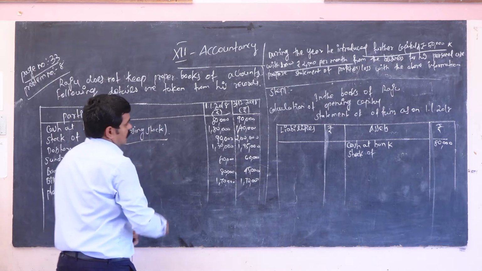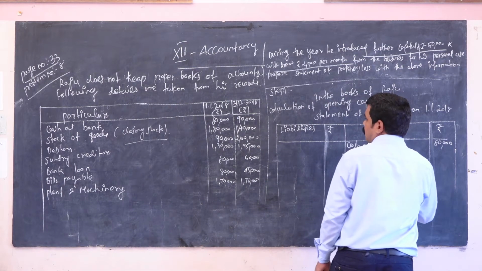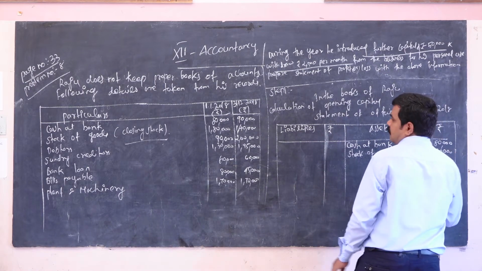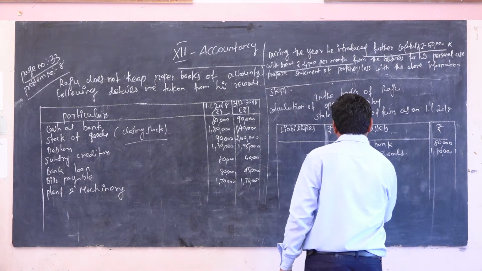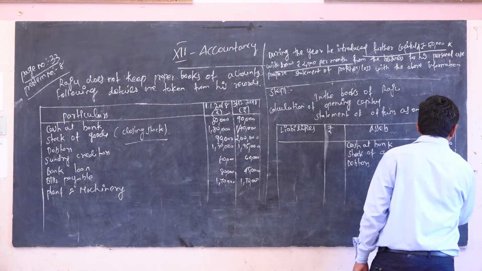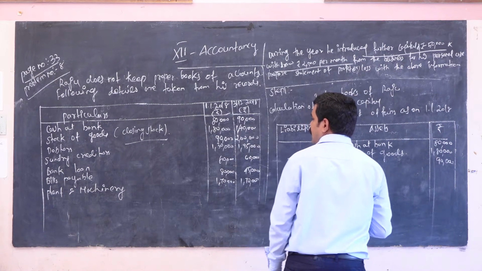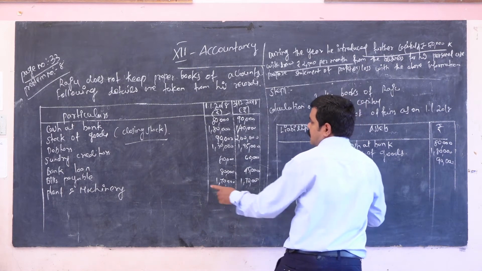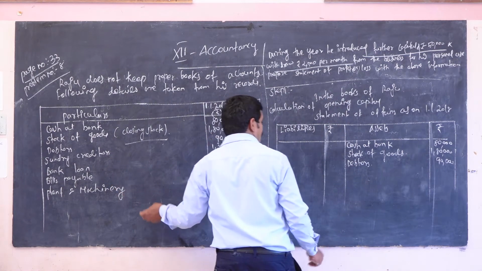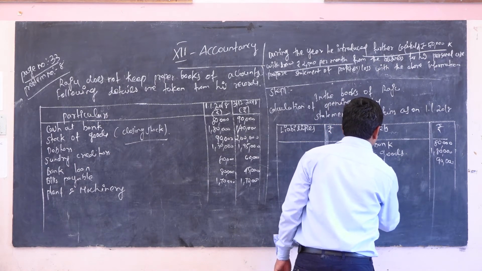The amount is 1,80,000. Next one, debtors 90,000. Next one, plant and machinery. Here, sundry creditors, bank loan and bills payable are all liabilities.